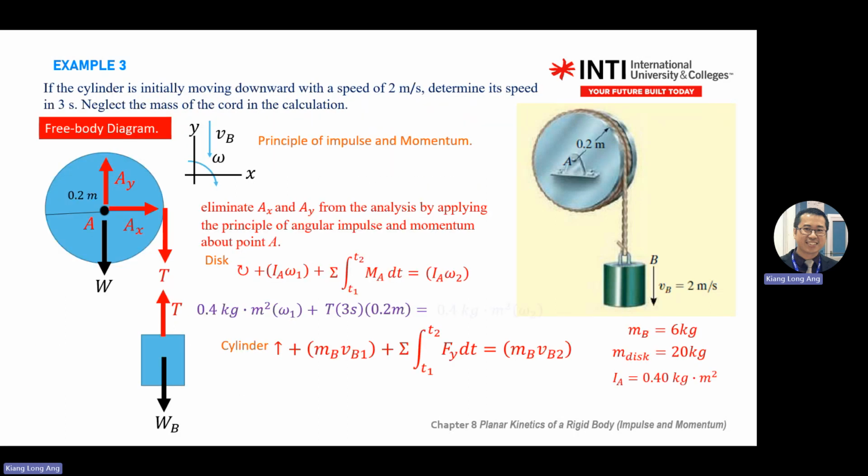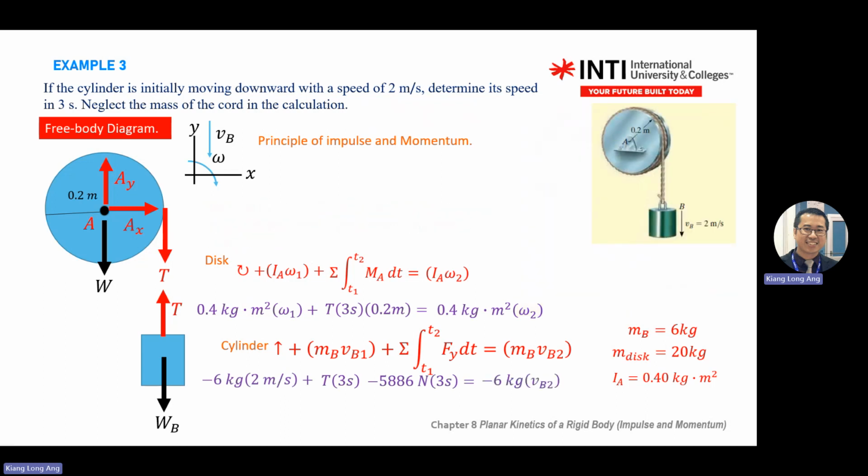So the rest is substitution. Here you have the purple color equation 2 when you substitute. So here you have VB. Here there's only VB and T. T, you know how to calculate. T equals to the mass of B times g, right? So you only don't know your VB.